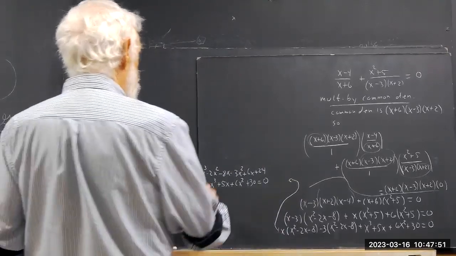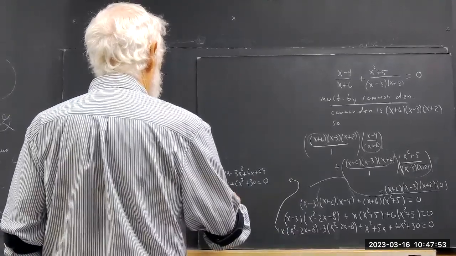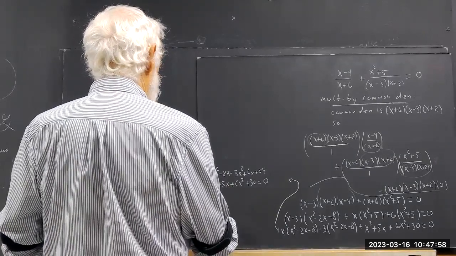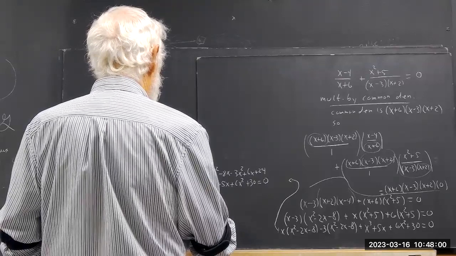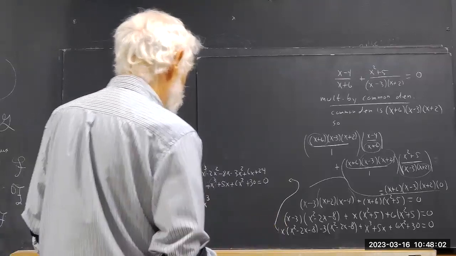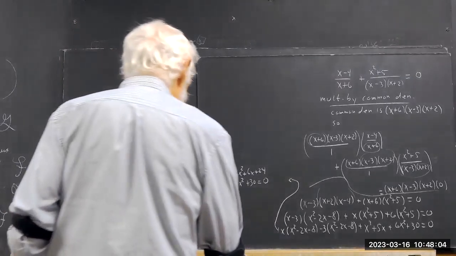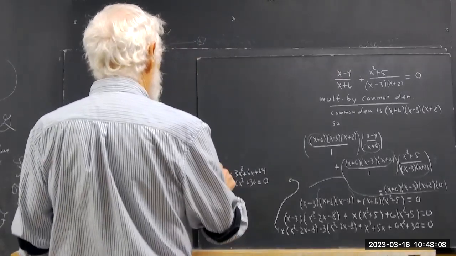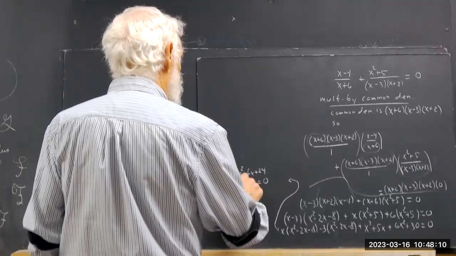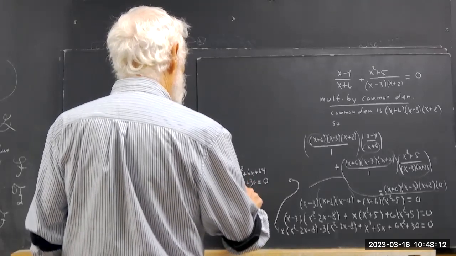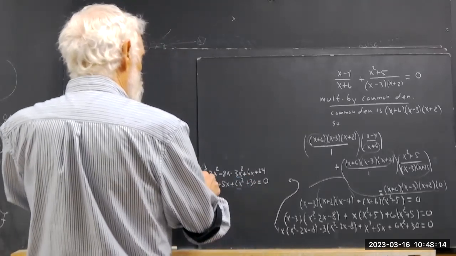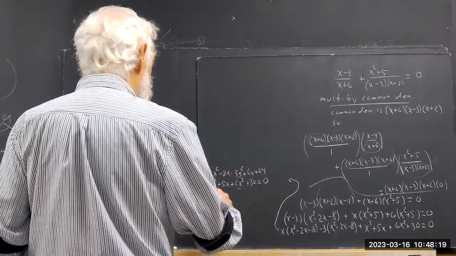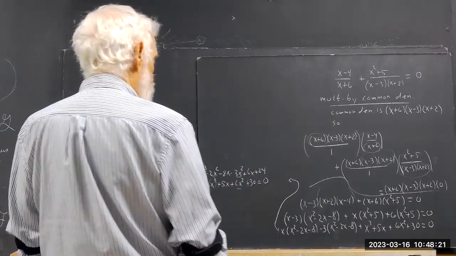Okay, I've got an x cubed term here, and I've got an x cubed term here. So I'm going to have 2x cubed. I've got an x squared term here, an x squared term here, and an x squared term here. Minus 2 of them, minus 3 of them is minus 5 of them, plus 6 is 1.